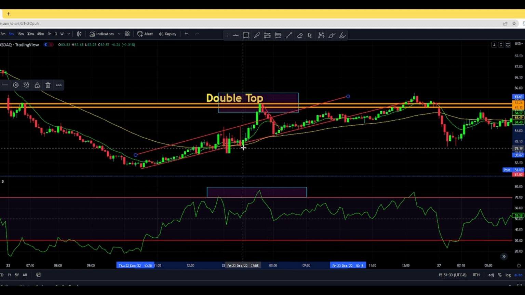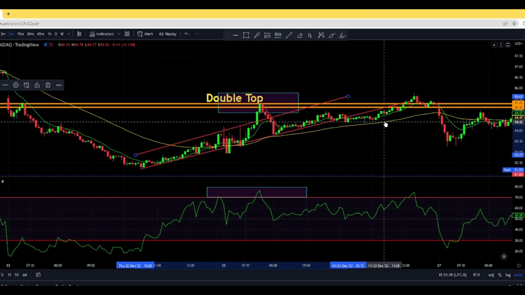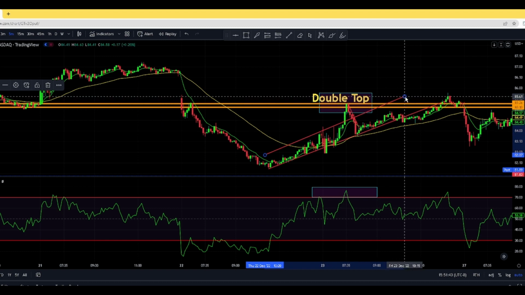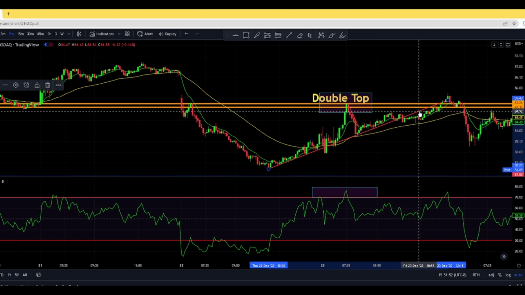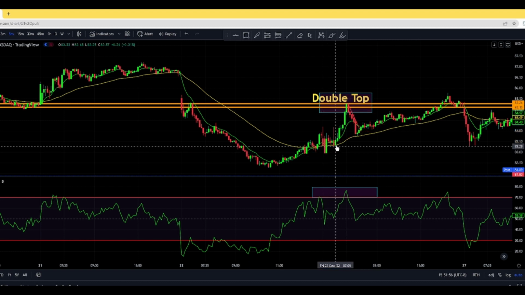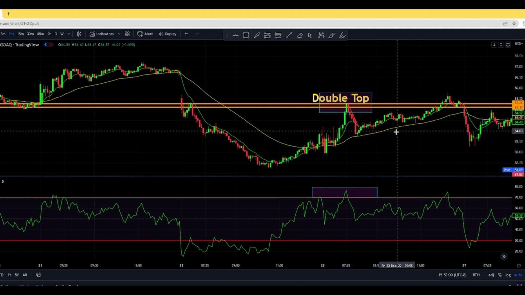Look at how many times the EMA held here. One time here, held it here, held it here, and it keeps holding. So sometimes you have to look at your EMA to see how it's reacting to the price of the stock. In this case, I see EMA 50 has been perfectly respected as soon as the trend changed, right? This is what we are looking for.